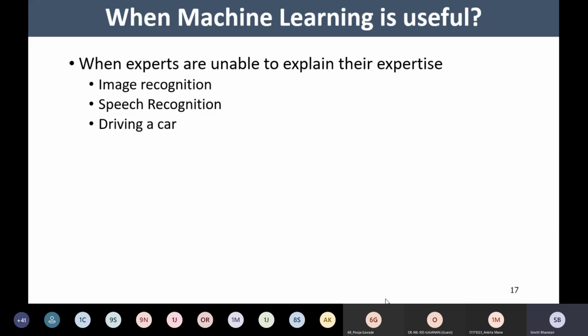We can understand speech. But whenever we look at these tasks, even though we are experts, it would be very difficult for us to precisely list out the rules to carry out these tasks. Do you agree with me?